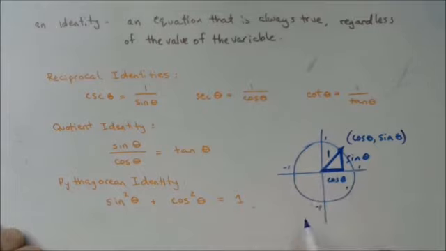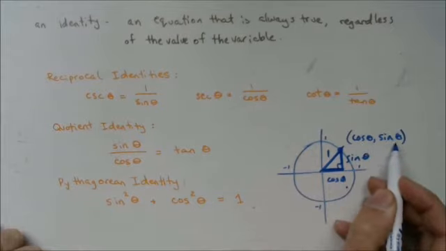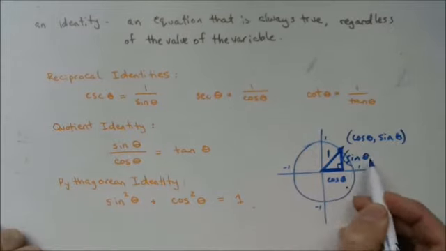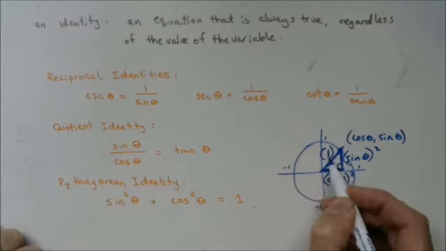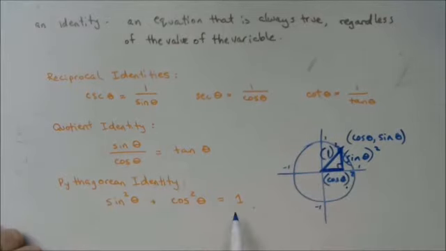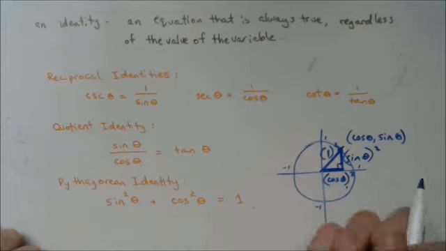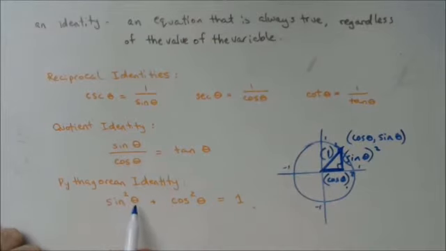That's the Pythagorean theorem in a right angle triangle. Well, here x is cos of theta and y is sine of theta. So if I take the square of that, and add it to the square of that, I get the square of that, which is 1 squared, 1 times 1, is 1. So the Pythagorean identity is really just the Pythagorean theorem pulled right out of that unit circle. The square of sine of theta plus the square of cosine theta is equal to 1.